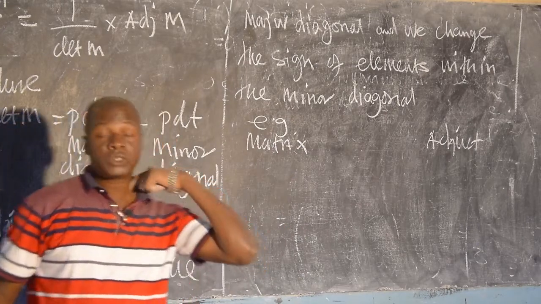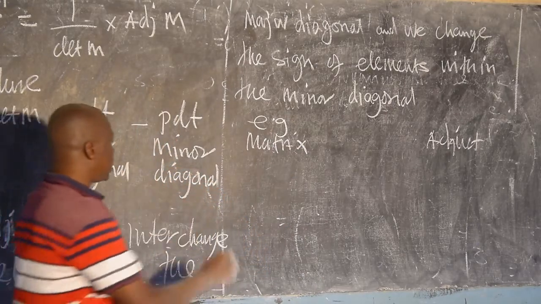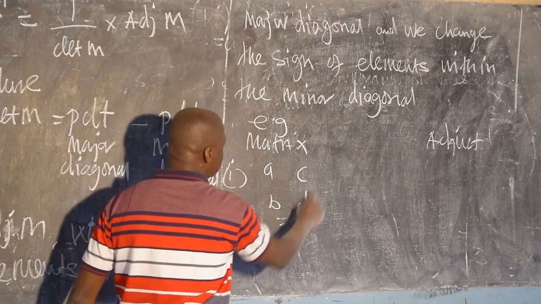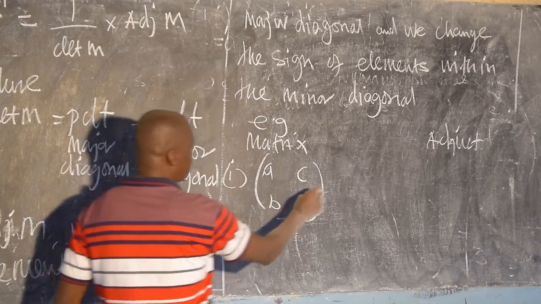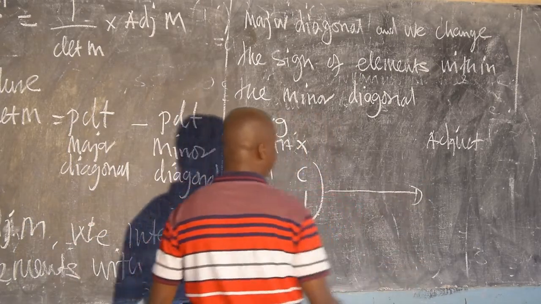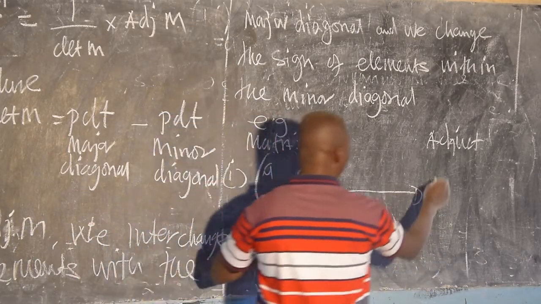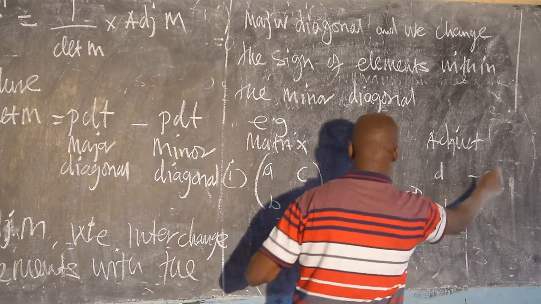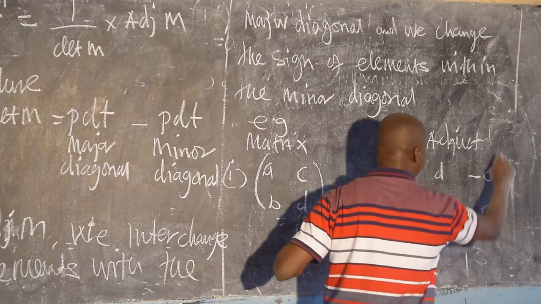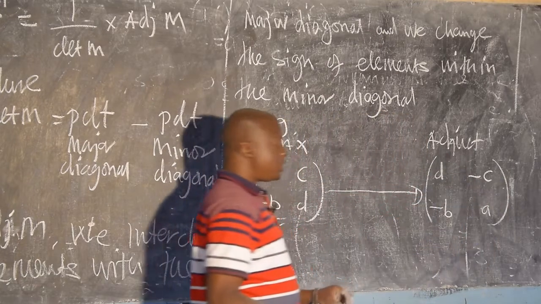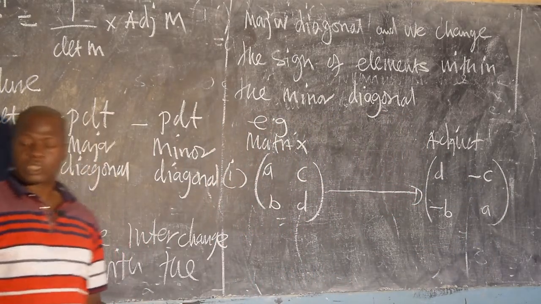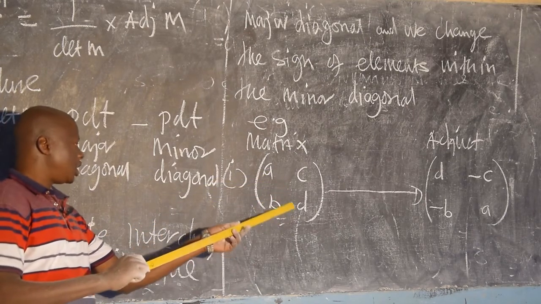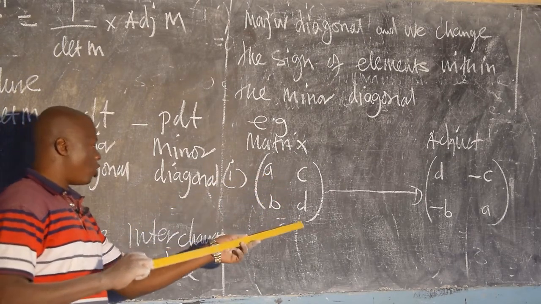Case 1, we have A, B, C, D. Its adjunct is going to be D, negative B, negative C, and A. We interchange positions in the major diagonal.